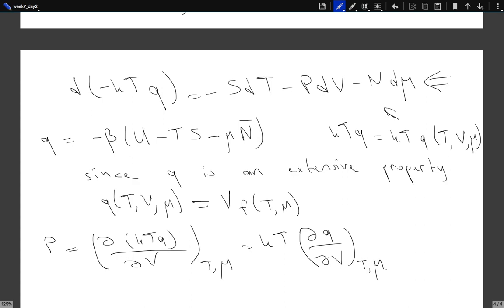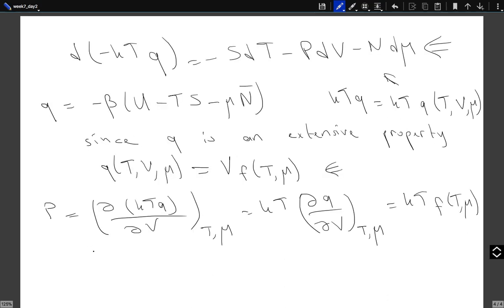Well, I know the general form of Q, just the previous line. So this is kT times F. So which basically tells me that F is nothing but P over kT. Whatever the system is. Up to this point I'm not making any assumption of any sort. For an arbitrary system this should be true.